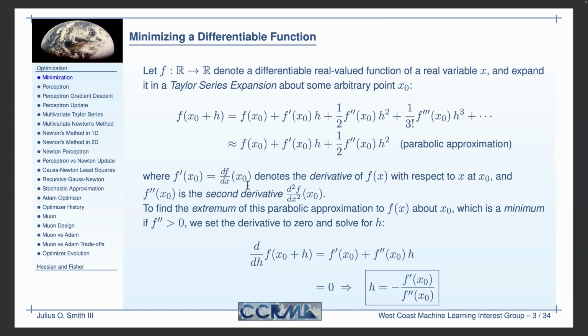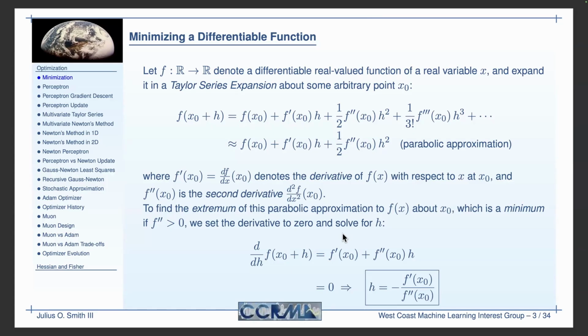So f prime is the first derivative, f double prime is the second derivative. And hopefully everybody's seen Taylor expansion. It's a polynomial approximation of a function at a point, x0. And so if we're truncating the higher order terms, then we can just solve it. Okay, we can jump to the bottom of the bowl.